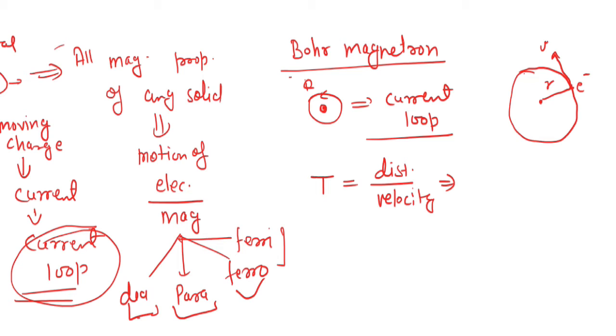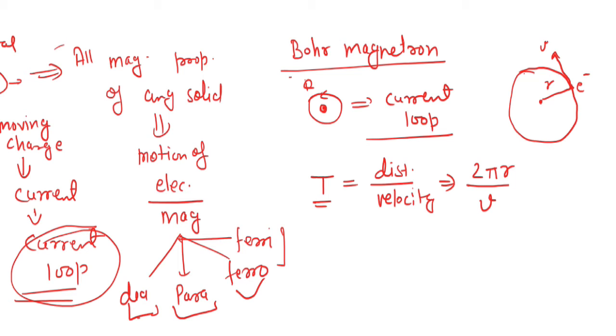So the total distance covered in one circle is equal to 2 pi r, and the velocity of the electron we have considered v. So the time period for one total circular motion is equal to 2 pi r upon v.